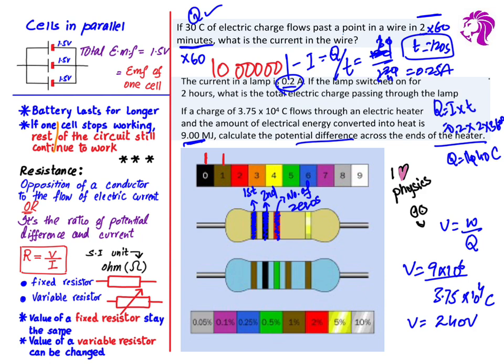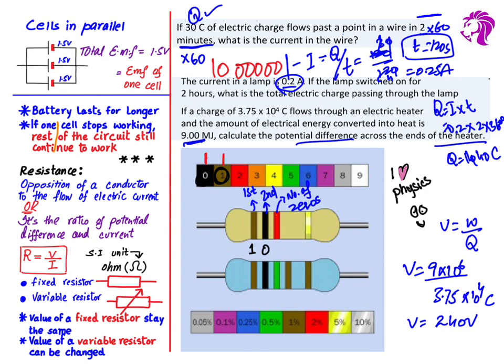So let's talk about the colors available on this band. What is the first color? Brown. What is the number of brown? 1. So my first digit is 1. What is the second band? Black, so 0. So my second digit is 0.